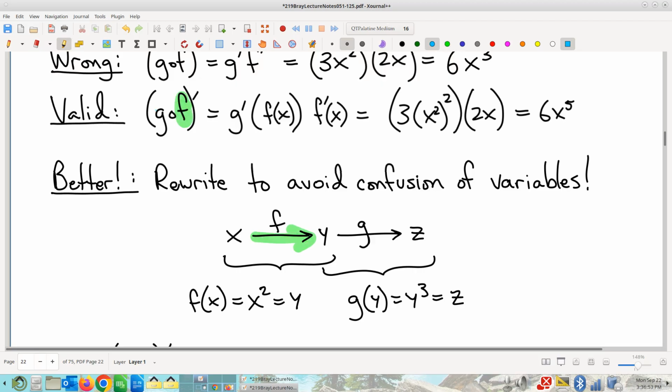And then after f, we're doing this function called g. And okay, well, f is going to have some sort of an input variable, and f is going to have some sort of an output variable, which is going to be the input variable for g, which will then have its own output variable. And I claim this is pretty clear, that these three variables, the original input, the eventual output, and the intermediate one, they're all different.